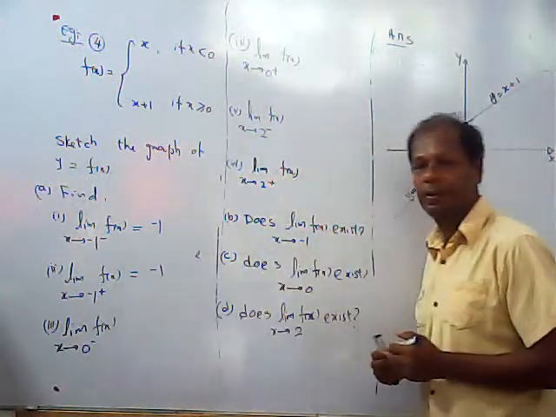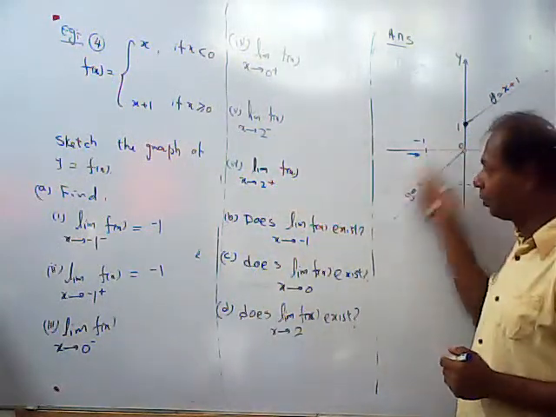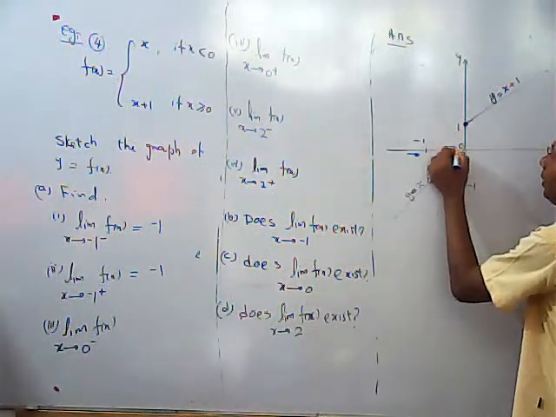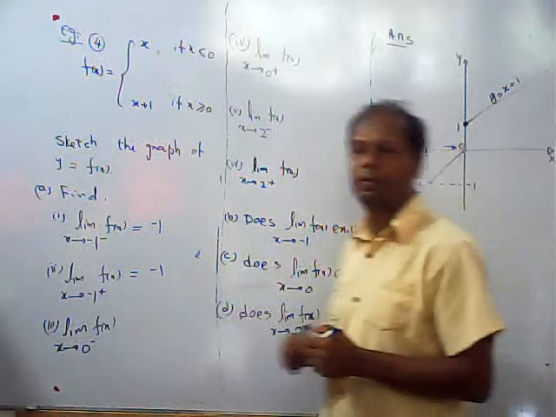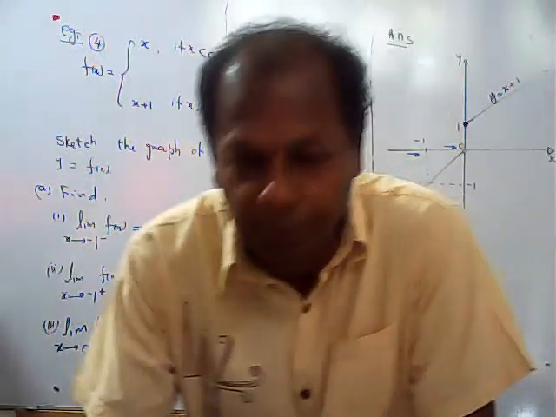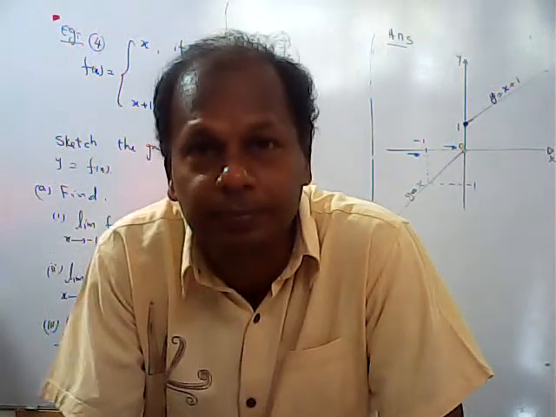Okay, agreed. Then what about the left limit at 0? We are getting closer to 0 from the left side. Where does the function get closer? Left limit at 0. What is the answer?